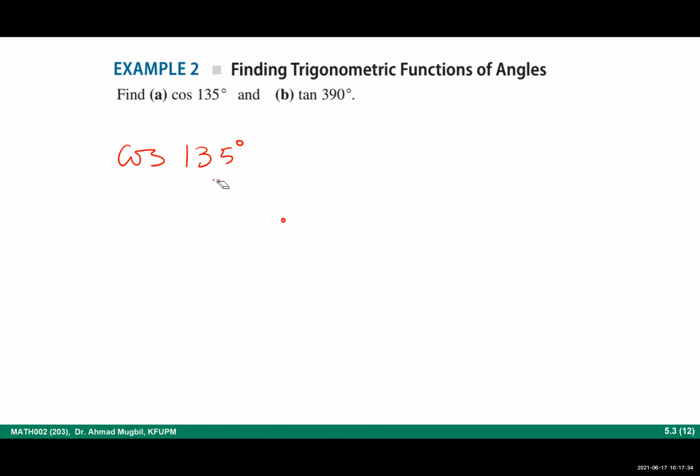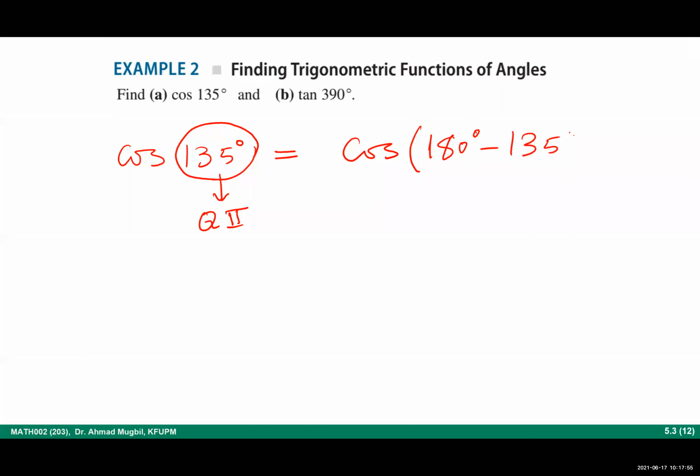Now you need to ask yourself, in which quadrant is this angle? This is in quadrant number 2. So how do we find the reference angle if it is in the second? It will be 180 degrees minus 135 degrees.